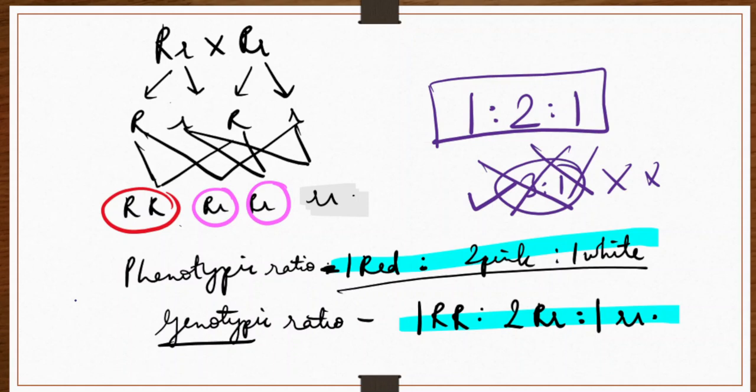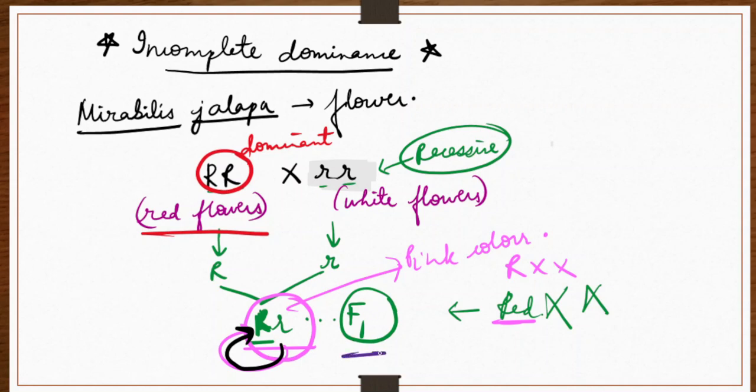So this is an exception to the monohybrid cross, or we can say an exception to the law of dominance, because the law of dominance said that in F1 generation only the dominant will express, but here neither the dominant is expressing nor the recessive is expressing. There is something which is a middle character, that is pink color is coming as a phenotype.